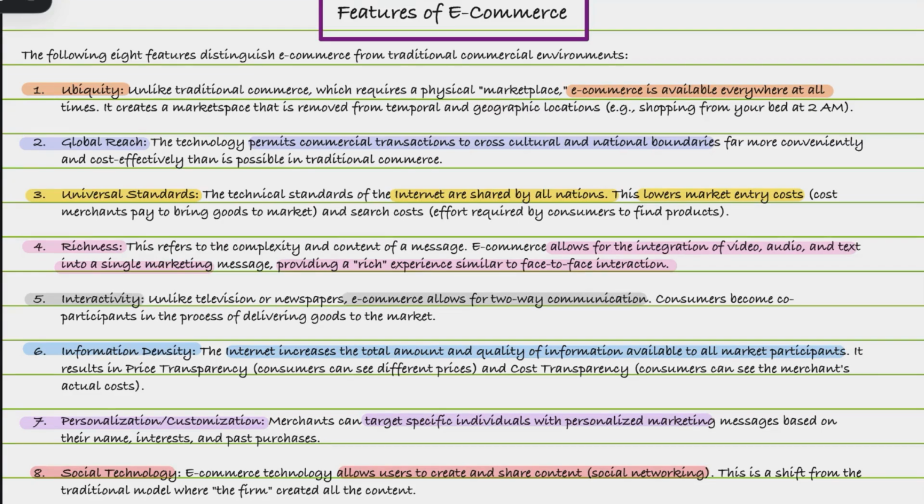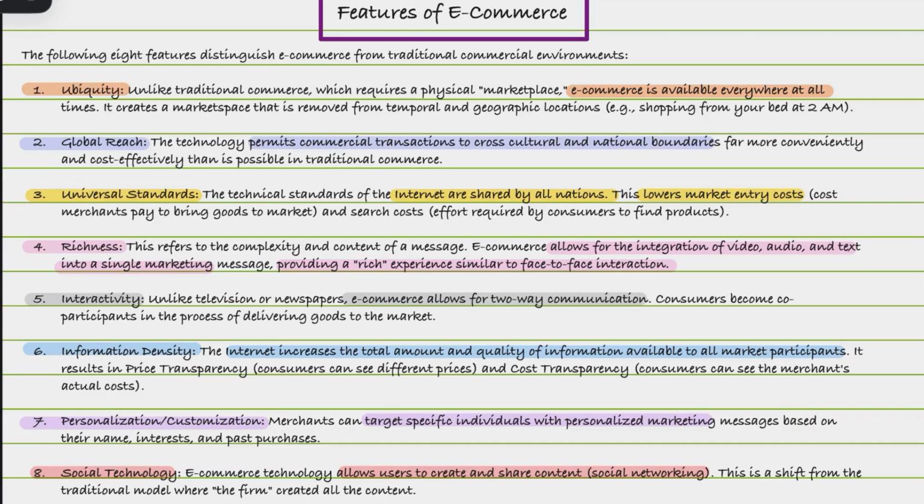Okay, and the eighth is the social technology. So there's a major shift in e-commerce from traditional commerce, that e-commerce technology empowers users to create, to review and share content globally via social content. You see, there is marketing on Instagram, on WhatsApp, on Snapchat.